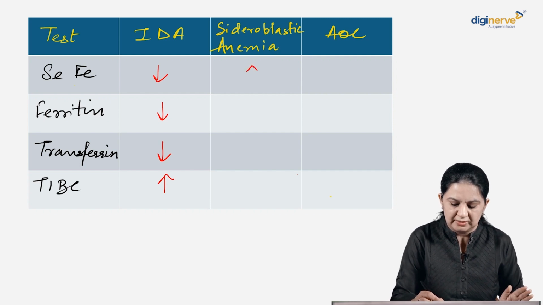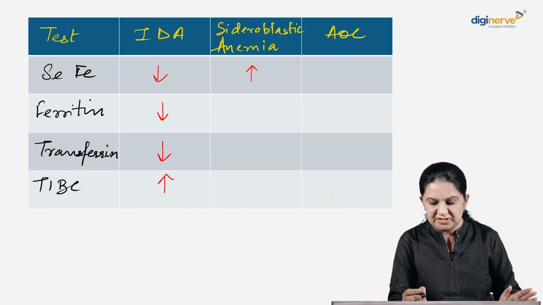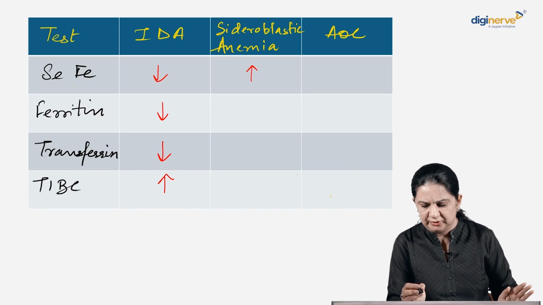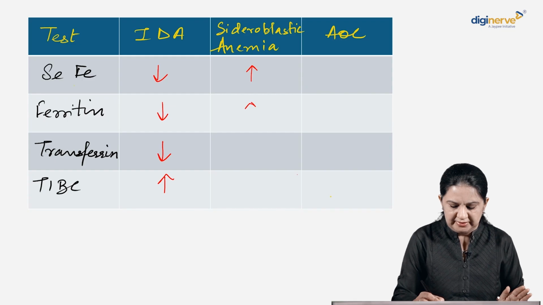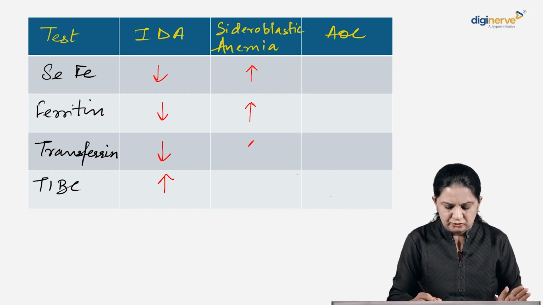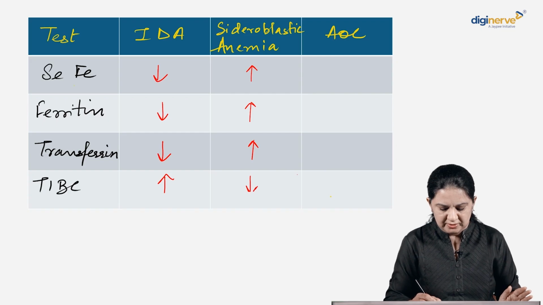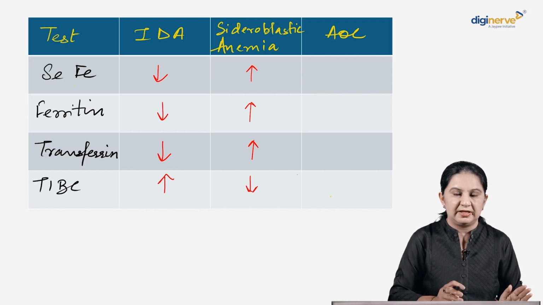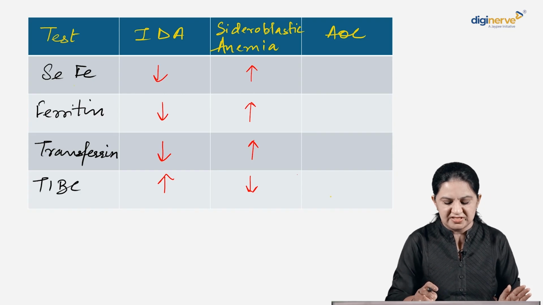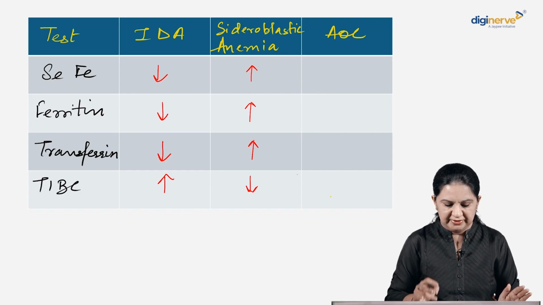It will be increased, because there was no deficiency of iron, no problem with iron metabolism. Iron would be increased, ferritin again would be increased, transferrin would be increased, and TIBC would be reduced. So here all first three are decreased, TIBC raised. Here all first three are raised, TIBC reduced.